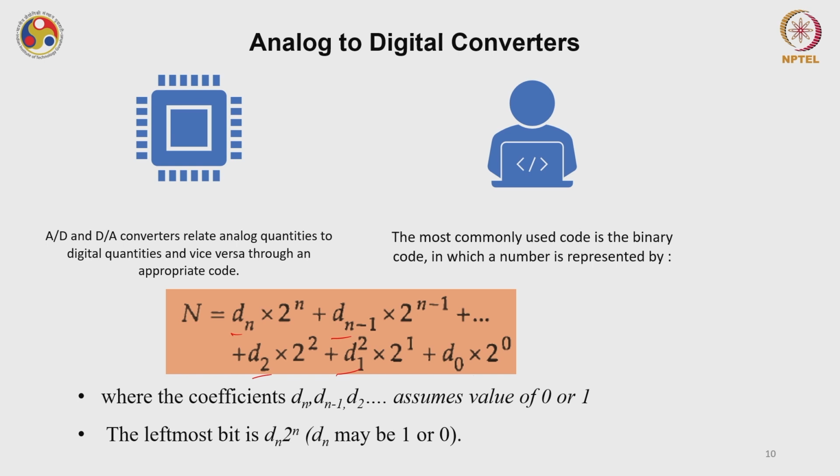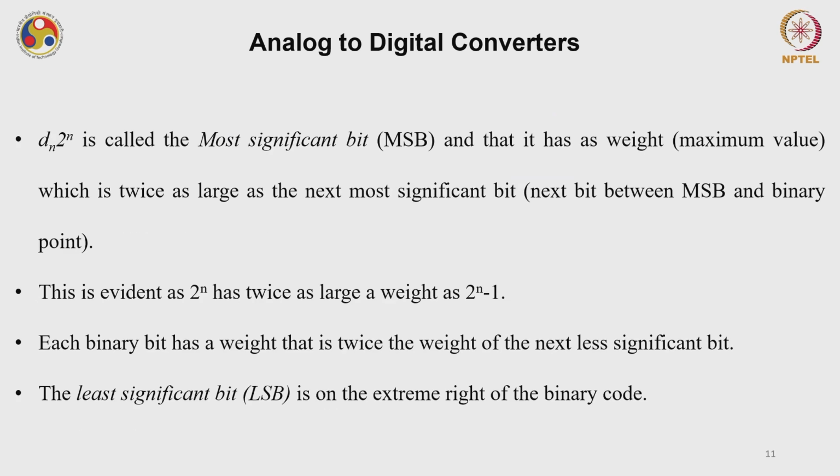The leftmost bit is this dn into 2 to the power n. As I have mentioned, this dn or any d1, d2 can be either 0 or 1. So dn into 2 to the power n is called the MSB or most significant bit, and it has the maximum weight, which is in fact twice as large as the next most significant bit.